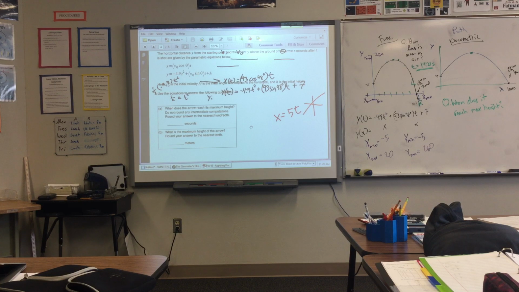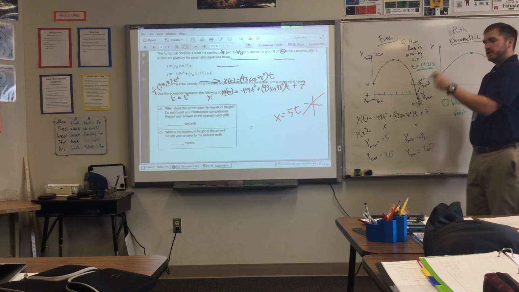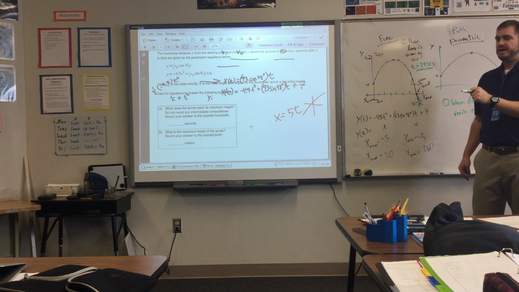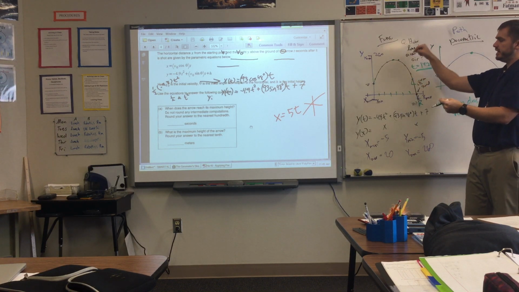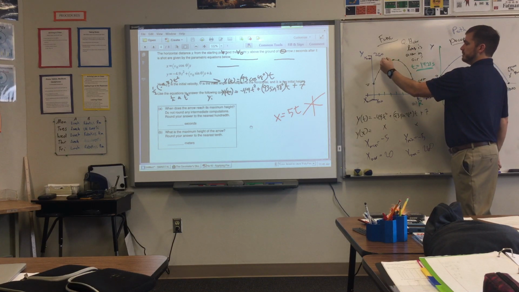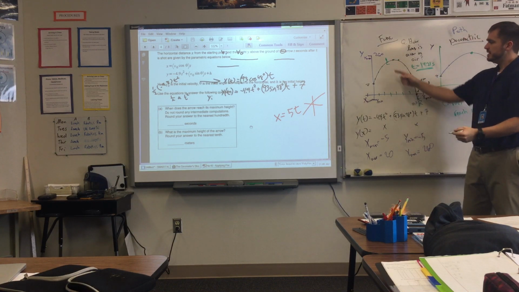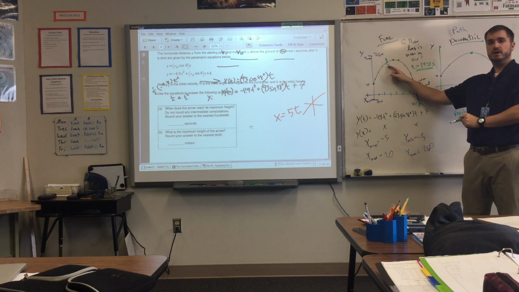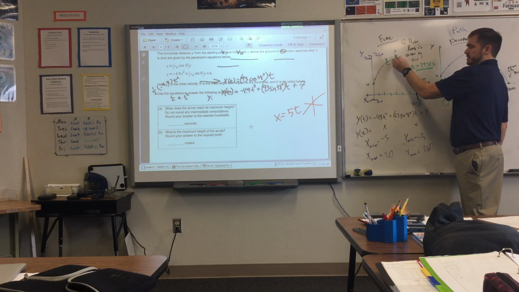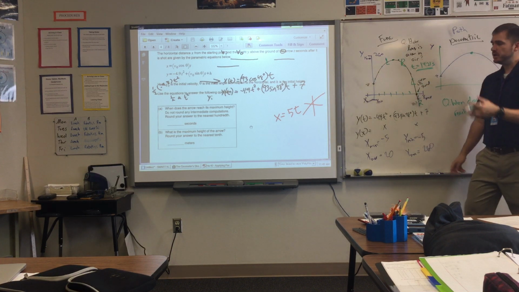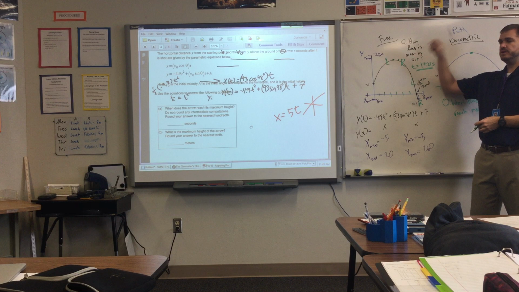So hit the second trace button, it takes you to that calculate menu, and you want to go down to the option that says maximum. Then you're going to use the left and right arrow keys to, once again, set a left endpoint that's a little bit to the left of where we know the maximum is, and then you move that cursor and hit enter, and move the cursor a little bit to the right of where we know the maximum should occur, and then hit enter.